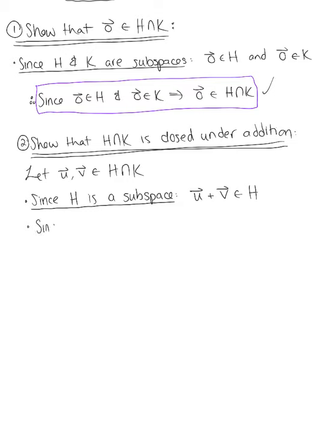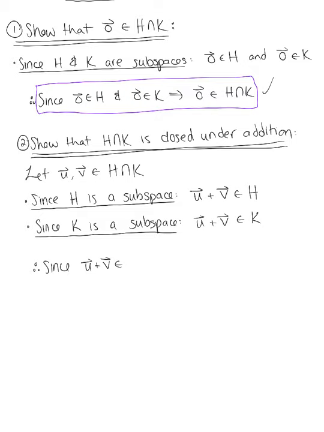We can also make a note here that since K is a subspace, the sum of these two vectors, u plus v, is also in K. Therefore, since vector u plus vector v is an element of H and an element of K, this tells us that vector u plus vector v is also an element of their intersection, and thus it is closed under addition.